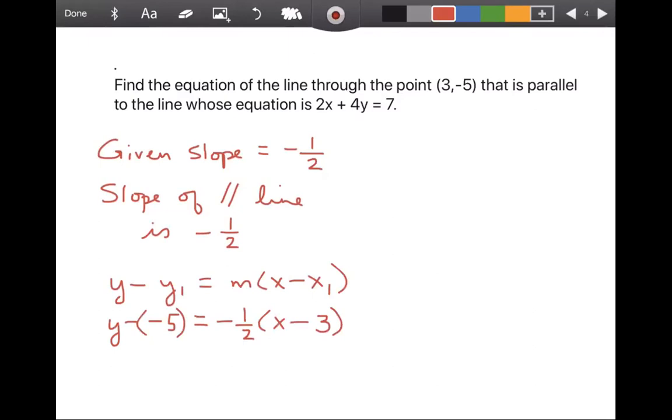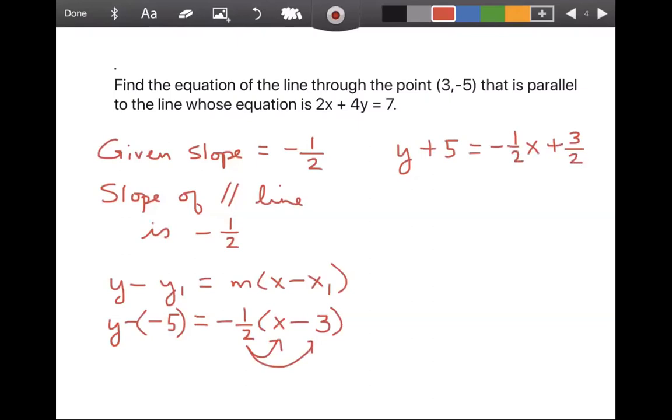Changing the double negative gives us a y plus 5. Distributing the -1/2 gives us -1/2 x plus 3/2.